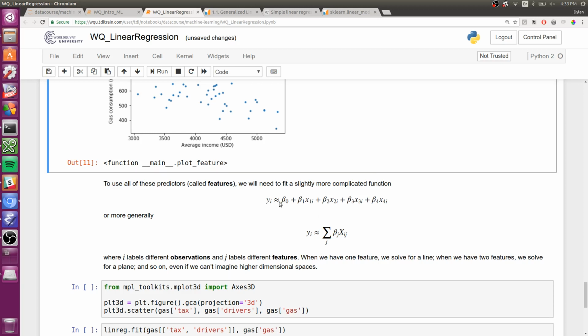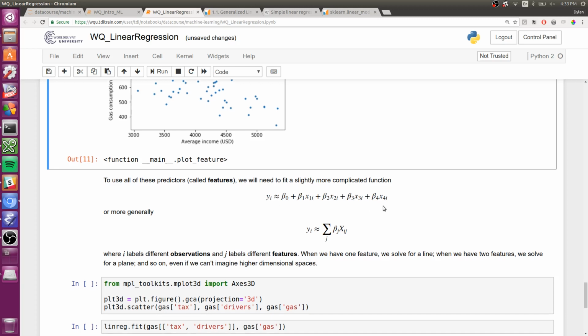In any case, it's a linear model of 4 different variables. Y is a linear function of 4 different variables.